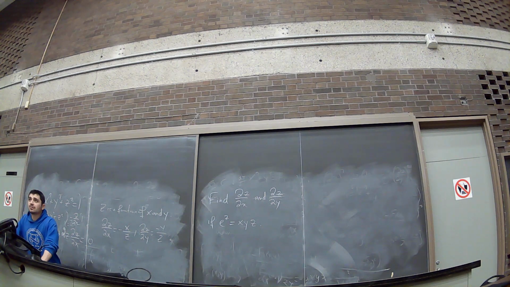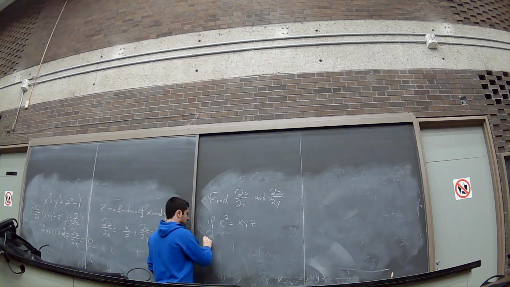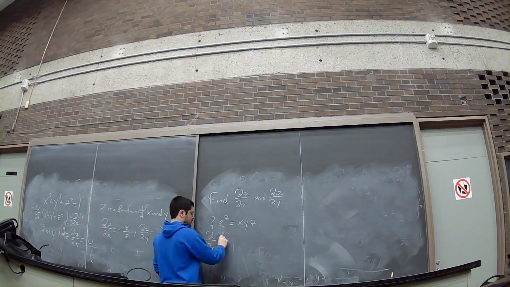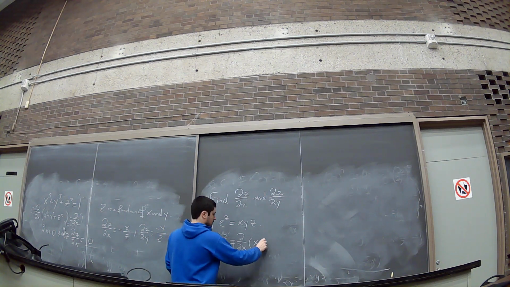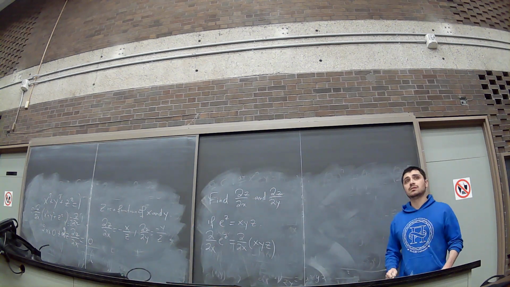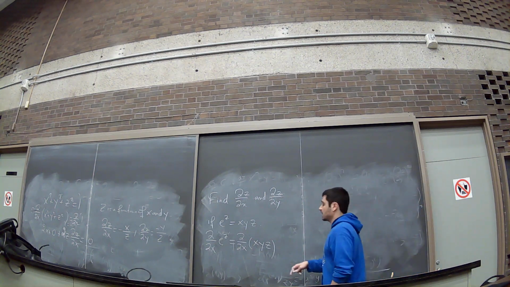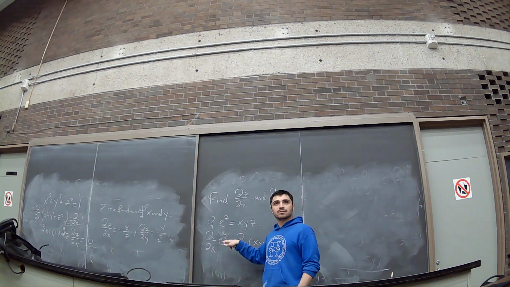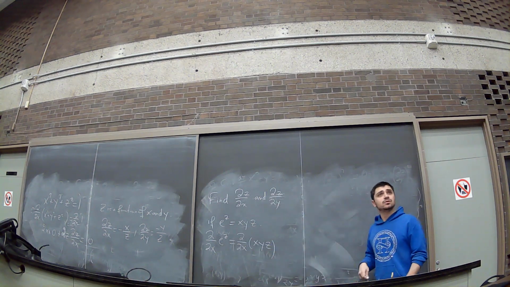X. Let's take del x on both sides. What is del x of e to the z? It's e to the z times del z del x, right? The derivative of e to something is the derivative of that something times e to that something.